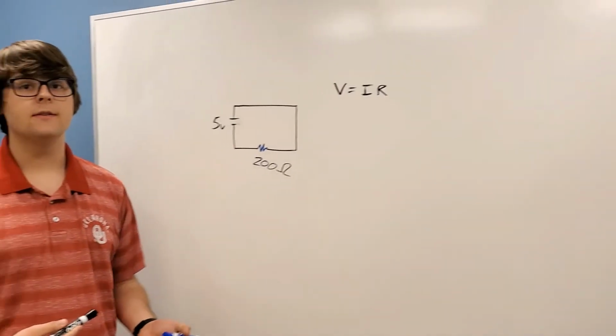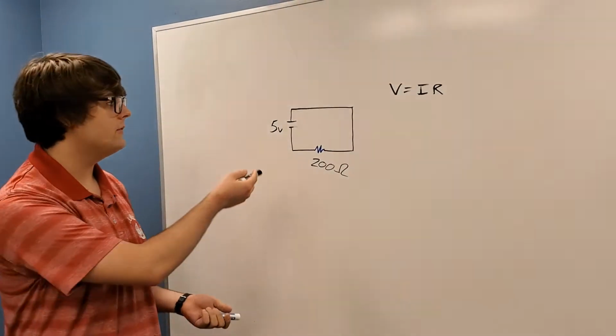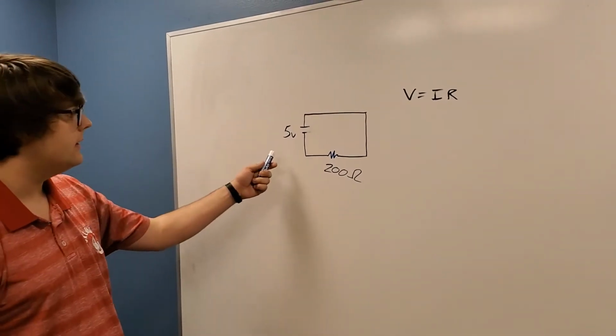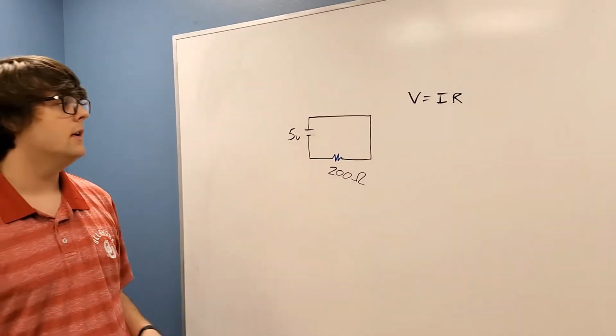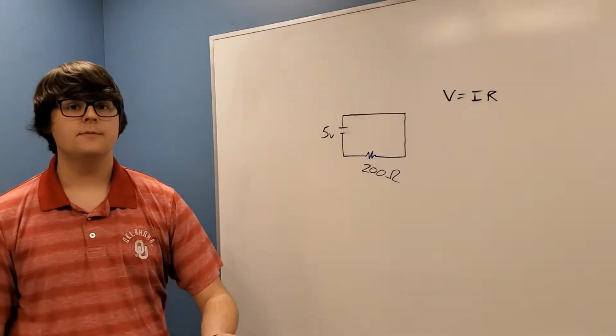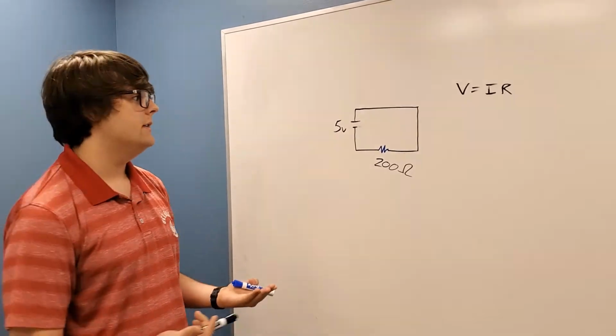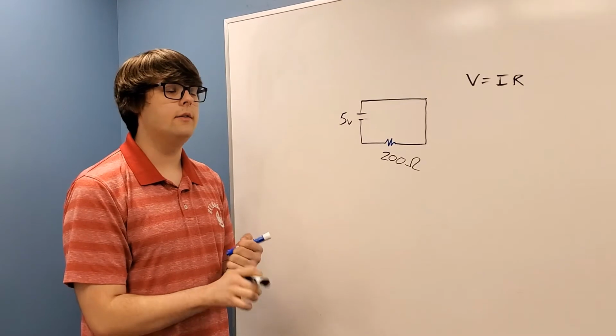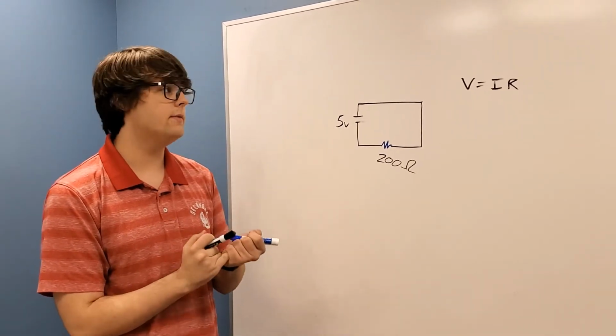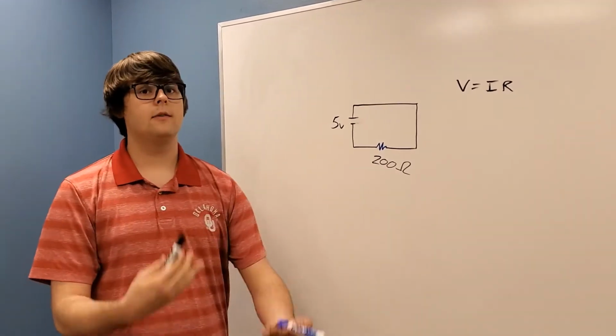So in this explanation of Ohm's law, I just have a really simple circuit here. We have a voltage of 5 volts and a 200 ohm resistor. So the way Ohm's law works, or what it says really, is that if we have any knowns of a circuit, either like the voltage or the current, for example, we can find that third value.